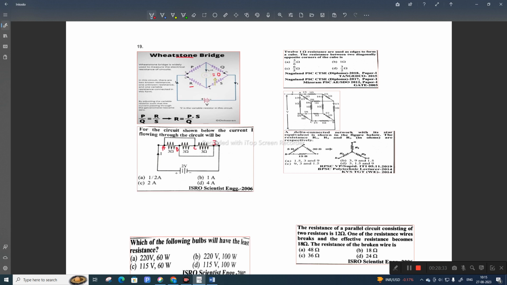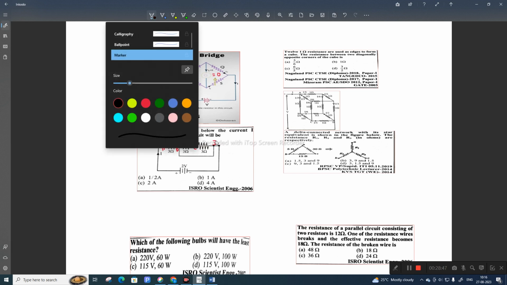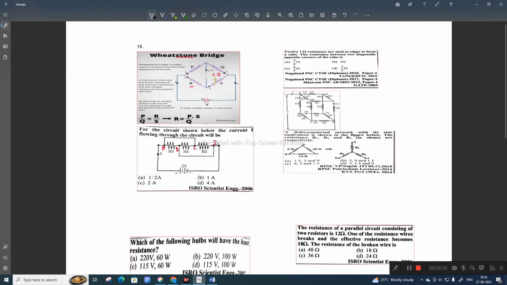This point is directly connected, so this is parallel to this and this also. So all three resistors are in parallel. How do you see that? I will draw it here. I will take another color pen, a blue color pen, so it will be easier.